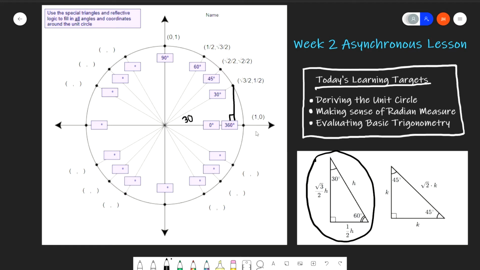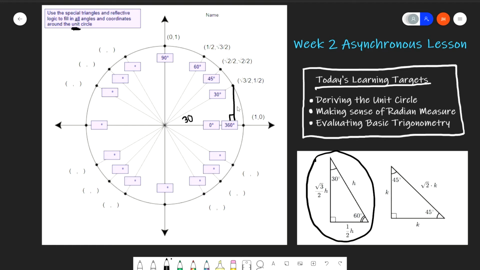And so what am I going to do with this 30, 60, 90 triangle? Well, we knew that the long side of that triangle would be the square root of 3 over 2 in length, and we knew that the shorter side would be 1/2 in length. Now, why is it root 3 over 2 and 1/2 when there's an h here in my formula? That's because it's called the unit circle for a reason, y'all.